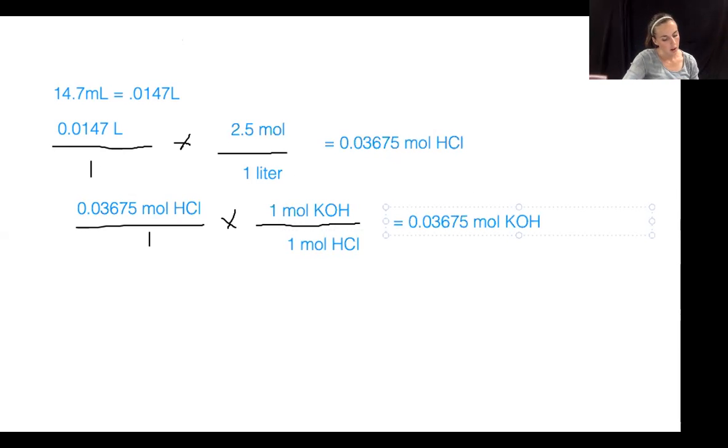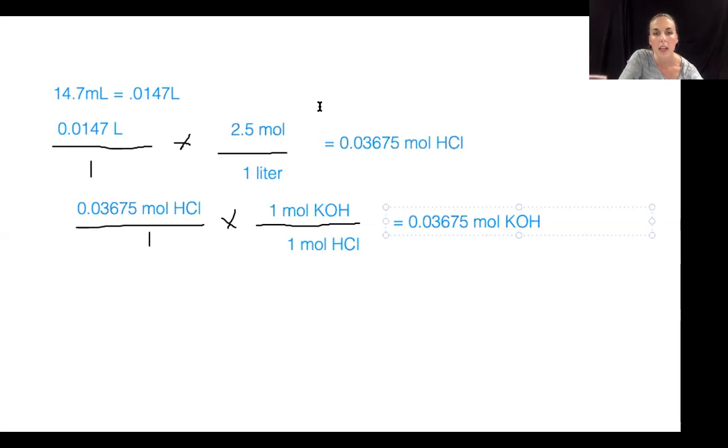All right, so now we need to divide by the volume to get concentration, because concentration, like we just talked about, is moles per liter. So if we divide our number of moles by our volume, which is liters, then that will give us concentration, moles per liter. That'll give us molarity.